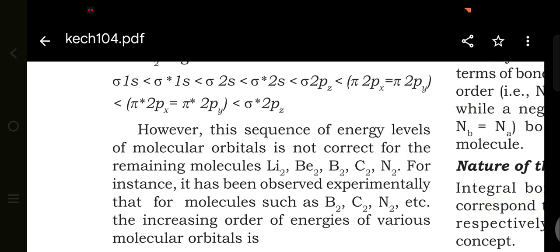However, this sequence of energy levels of molecular orbitals is not correct for the remaining molecules: Li2, Be2, B2, C2, N2.